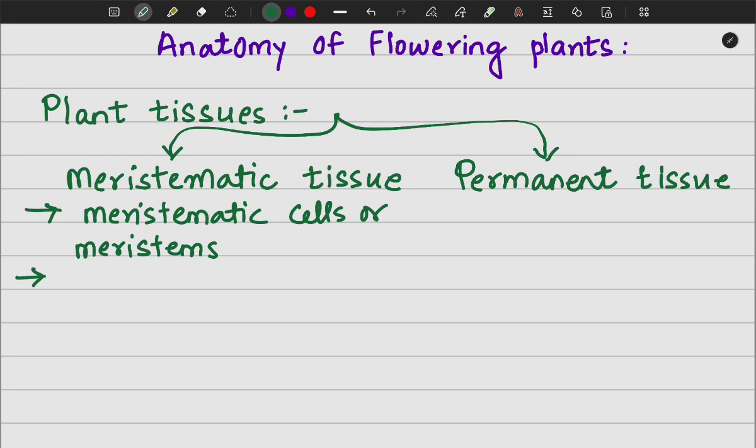So they contribute to the growth of the plants. In the plant body, the meristematic tissues can be found in three main regions. The first region being the root and the shoot apex, that is the tips of the root and shoot, where we will find root apical meristem. Then the other place where we can find these meristems are the axillary bud.